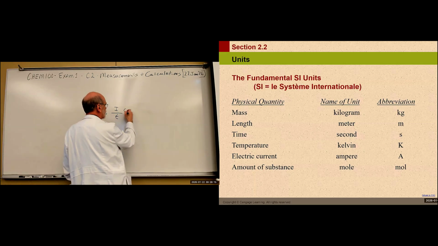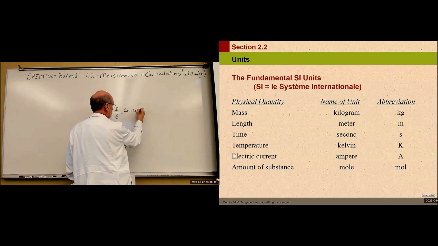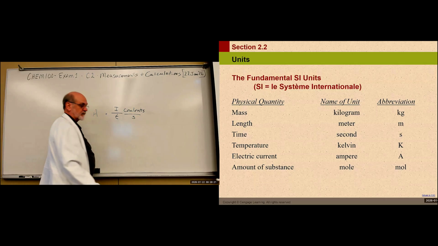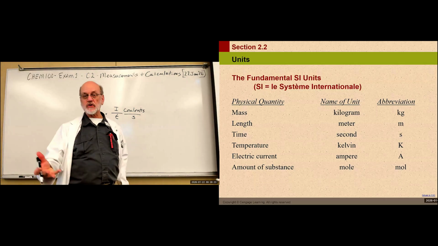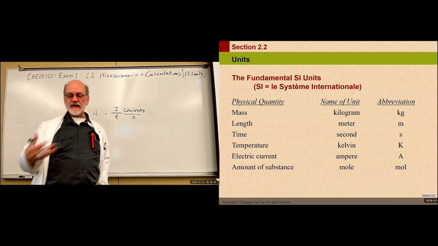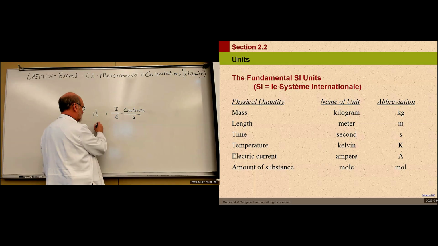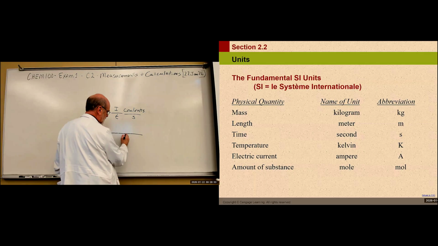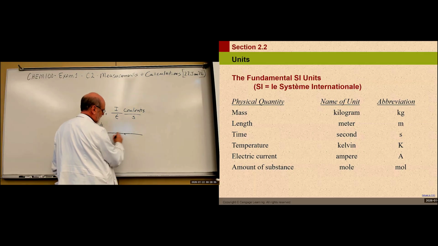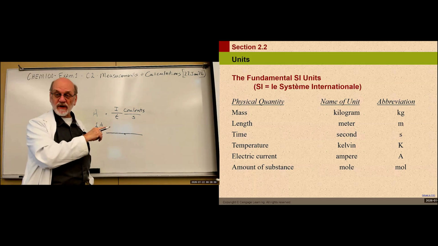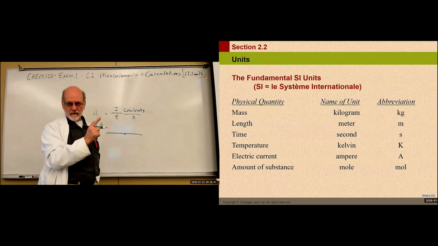And that happens to be coulombs per second. A coulomb is a measure of charge and a second is time. So what you're saying is if you have an amp, say 1 amp, that means in this conductor, at this point, there is 1 coulomb passing that point in that conductor every second.